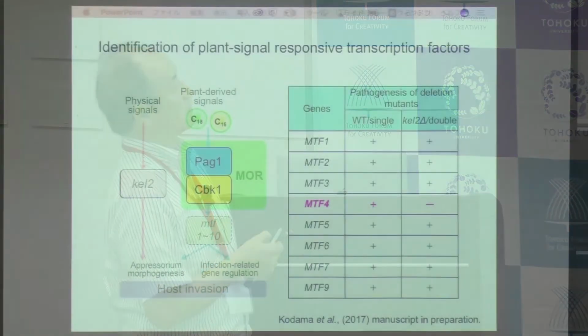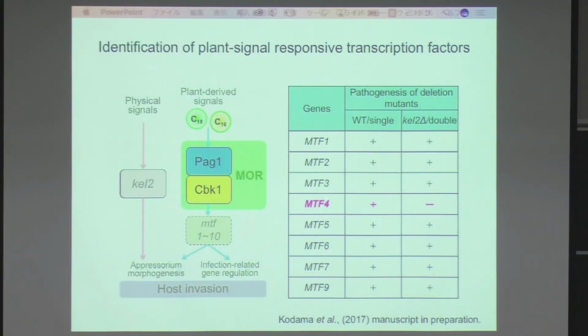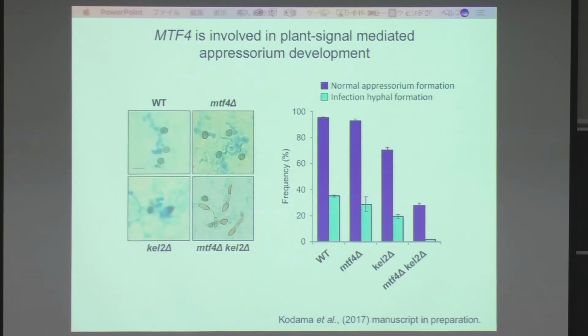Out of these 8 disruptive mutants, MTF4 shows the expected phenotype, with retained pathogenesis in the wild type background and pathogenicity defectiveness in the COK2 double mutant. Expectedly, the MTF4 COK2 double mutant formed abnormal appressoria on the host plant, but the single mutants formed normal appressoria as expected.